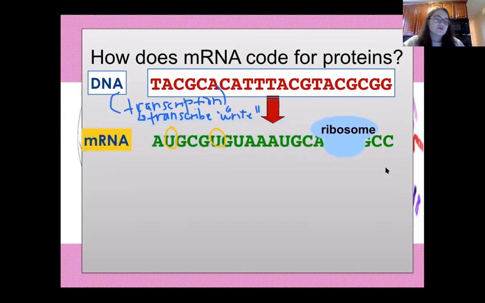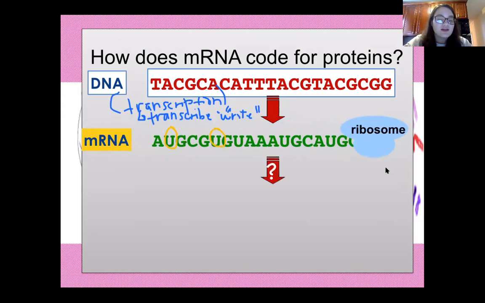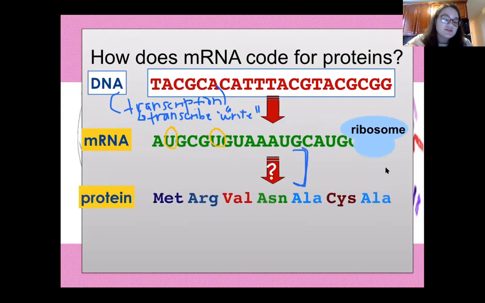Now, after it has been transcribed, that mRNA sequence is read by ribosomes. This is the big process we're trying to uncover today. Somehow that ribosome is able to read that mRNA sequence and turn it into proteins. I'll go ahead and tell you that this process, from mRNA to protein, is called translation.